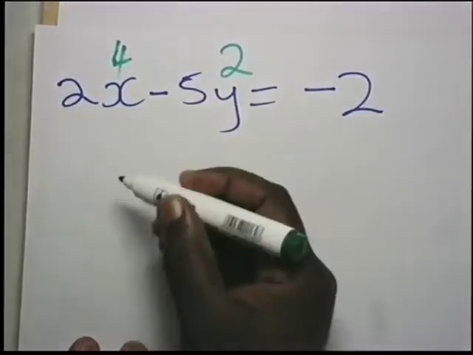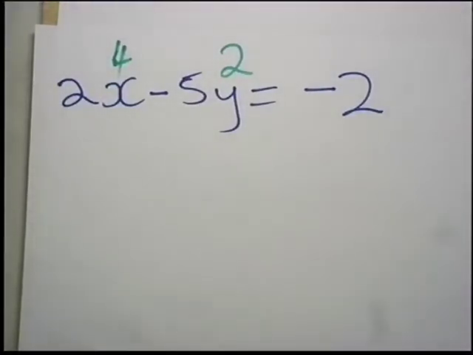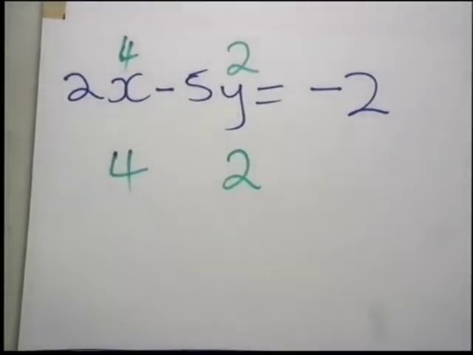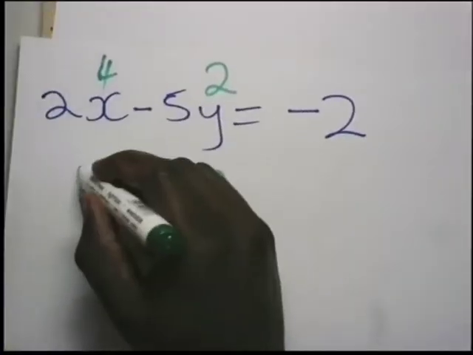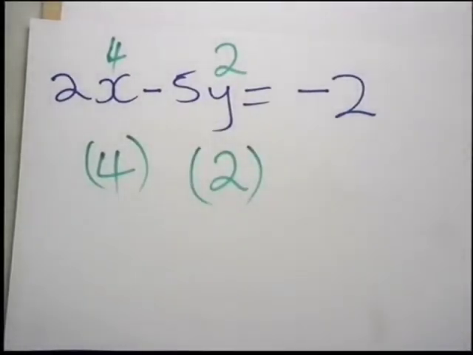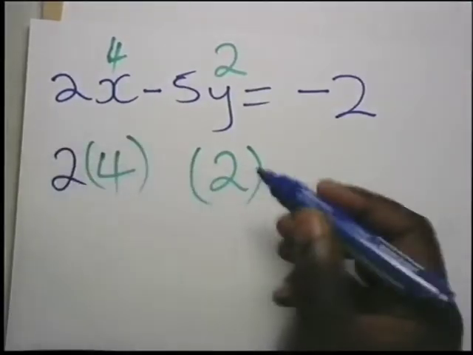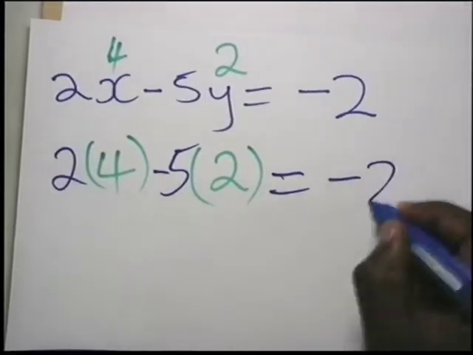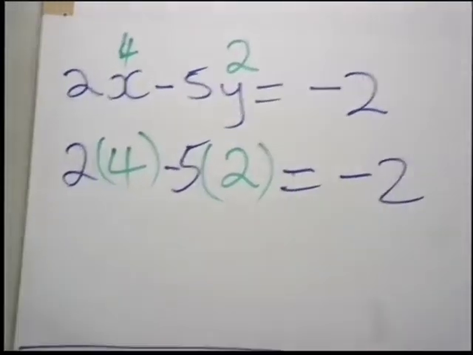If we are to rewrite this, I'll put my 4 there, my 2 there first. I've got my 2 here and my minus 5 there. It should be equal to minus 2. We want to see whether it makes sense.